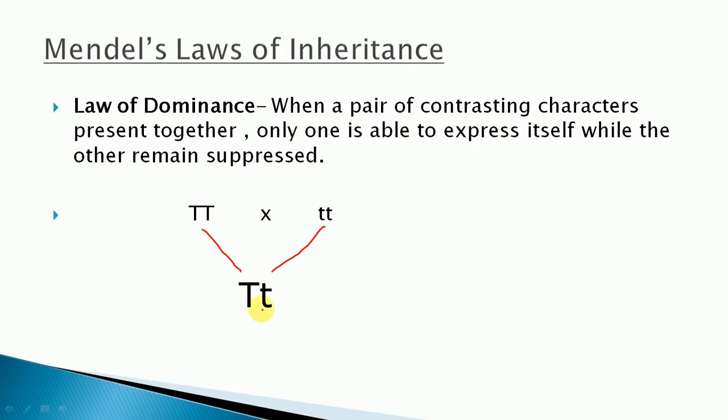Whenever we cross the pure forms of a character, we will always get the dominant form of the character in the F1 generation. So this is the law of dominance. Here we can see that capital T is present, which is suppressing the small t, as a result of which the character is dominant.